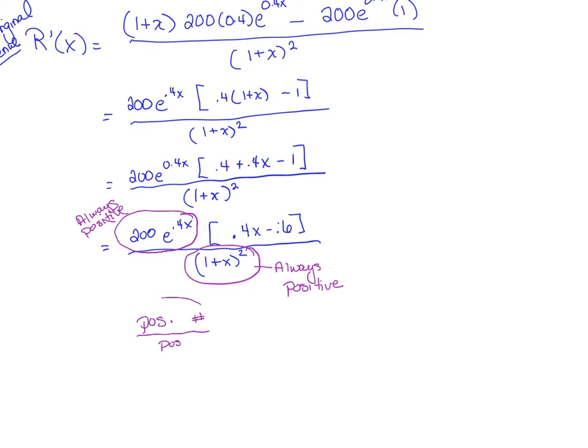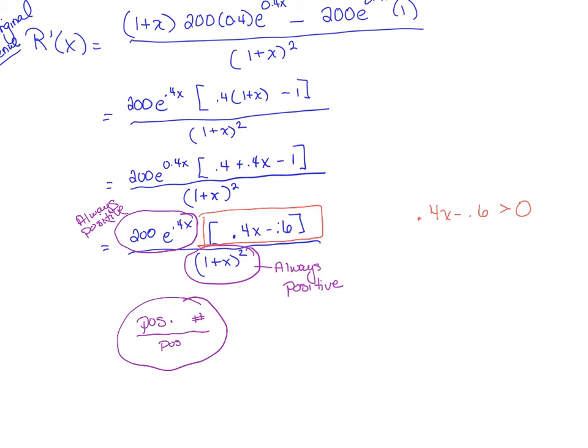So whether or not this whole expression is going to be positive or negative really depends on only that factor right there. When that number, 0.4x minus 0.6, is greater than 0, then the whole thing will be positive. When it is less than 0, the whole thing will be negative.